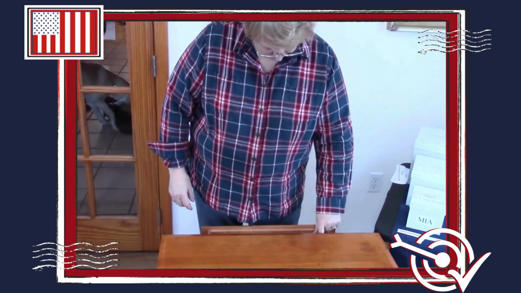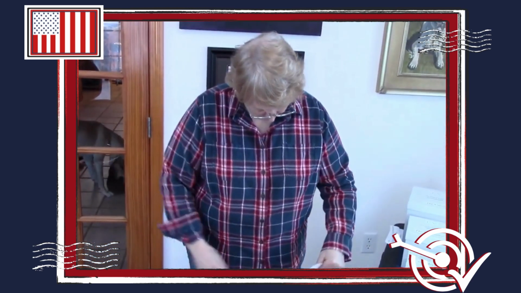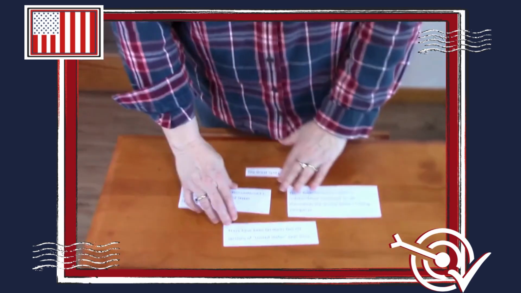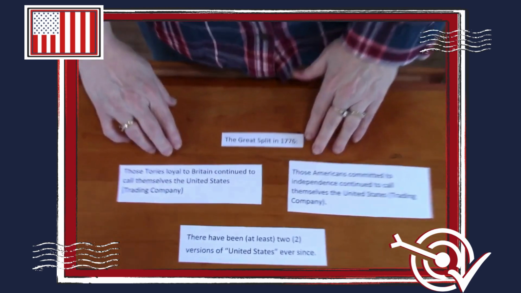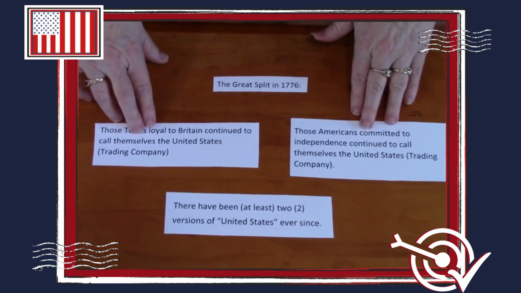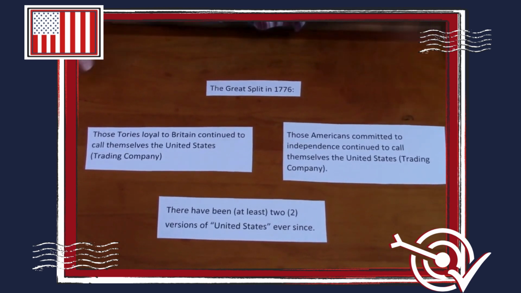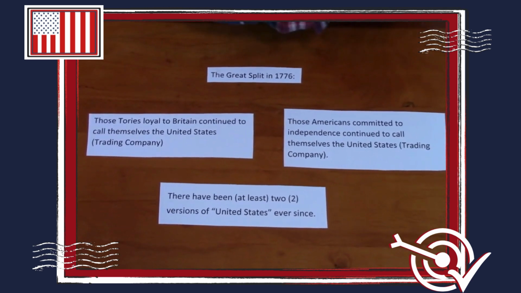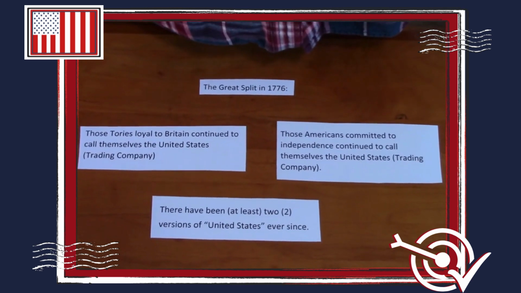Okay, so then we come to what I call the Great Split. And what happened was that the War of Independence took place, and the investors in the group had to make a choice about which side they supported.